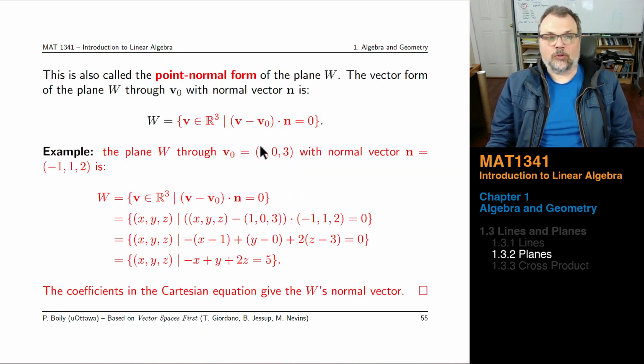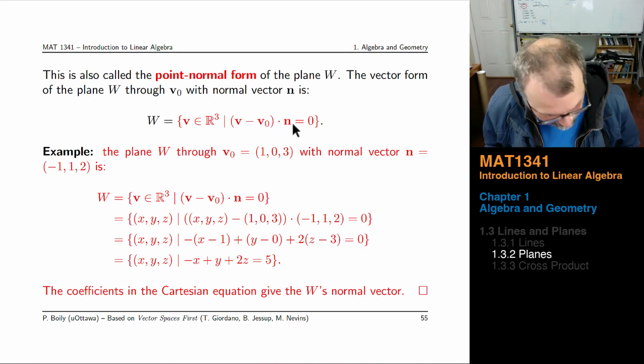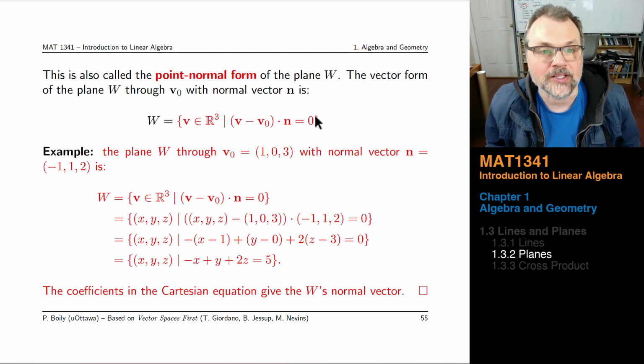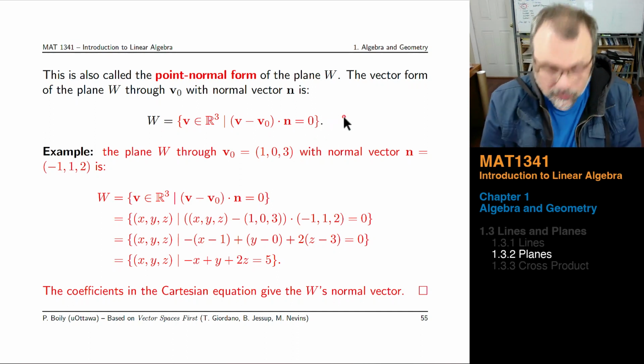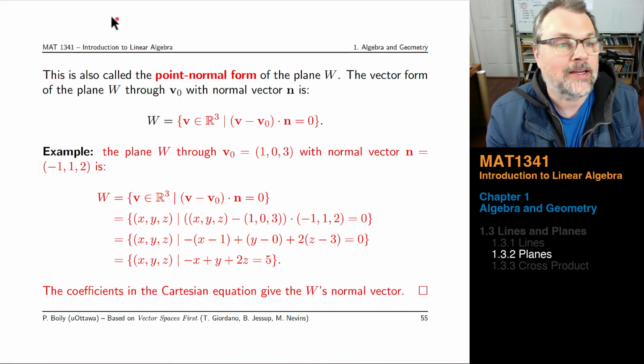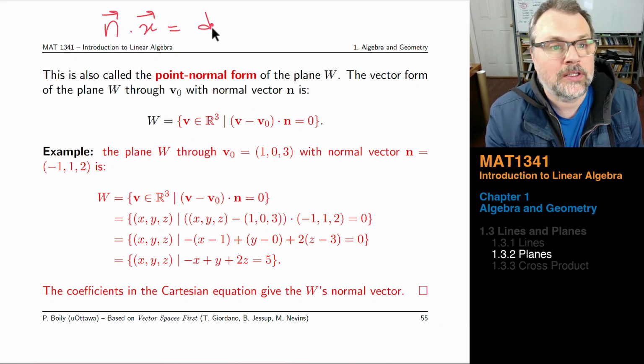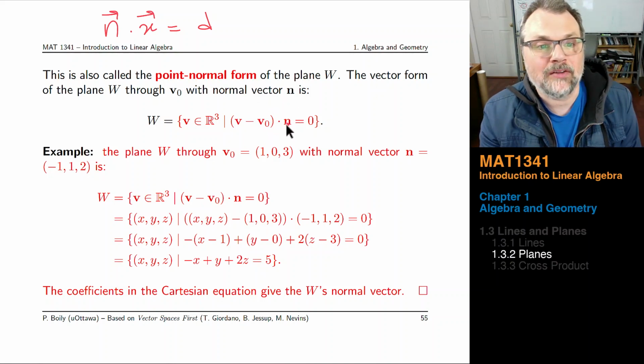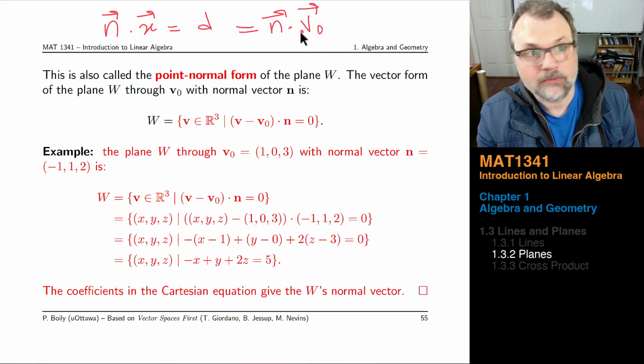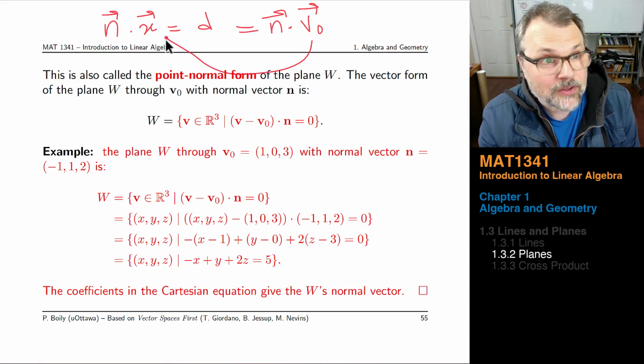That's called the point normal form, and you can sort of see it here. I specifically added in the d so that whatever we have on the right hand side is a 0. Remember what we had was n times x is equal to d. Well, this is the same thing rewritten, but because we have a v0 here, we can write d as n times v0, and then take the n times v0 and put it over here.